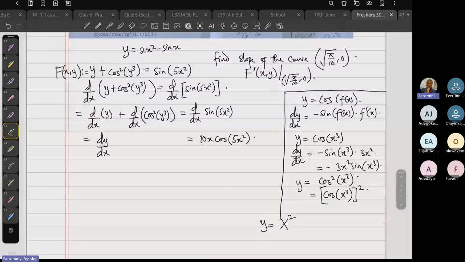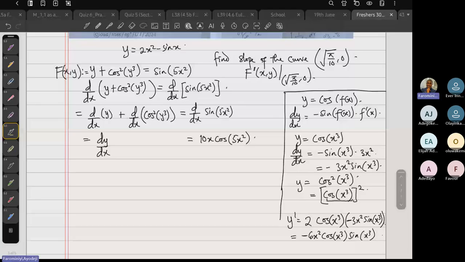The derivative of the outer function is 2x, so that would be 2 times cos x cubed. Then the derivative of the inner function is the derivative of cos x cubed. We have done the derivative of that in the previous step. That is times negative 3x squared sine x cubed. So this is negative 6x squared cos x cubed sine x cubed.